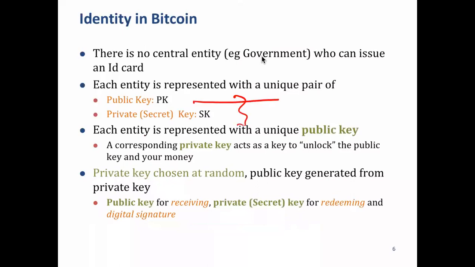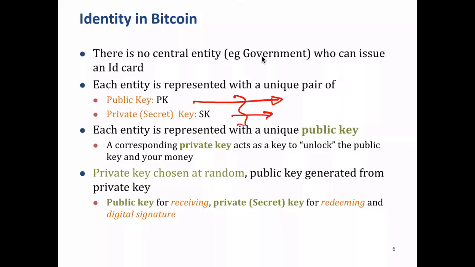Public key, of course, is given to the public to send you money, or anybody can use your public key, for example, to make a transaction with you or give you some money. And private key is something that you will use to unlock that.